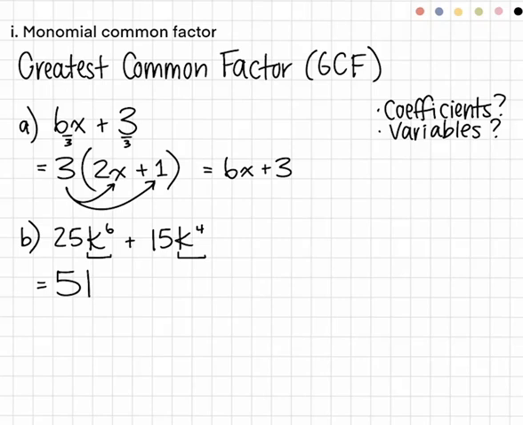So they both definitely have k, but how many k's do they both have? They both have 4, right? I've got 6 over here, 1, 2, 3, 4, 5, 6, and this one has 1, 2, 3, 4. So I know I can take 4 from here, and I can also take 4 from here.